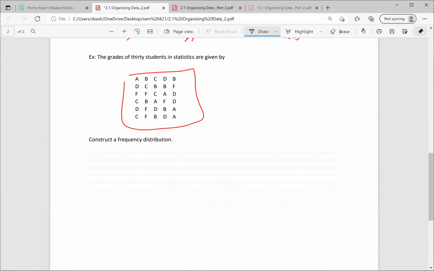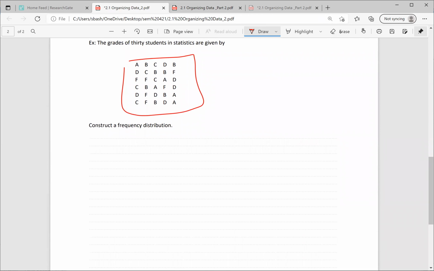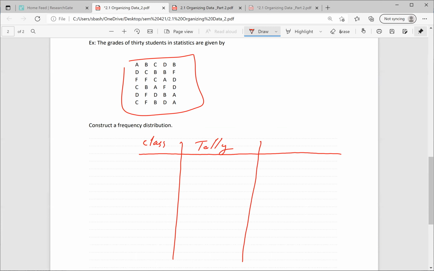To organize it, or to construct a frequency distribution, as we did before, we have class or grade, then tallies, then frequency, and at the end I will find the percent.